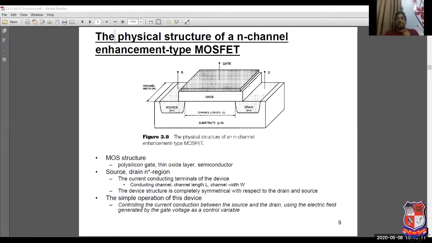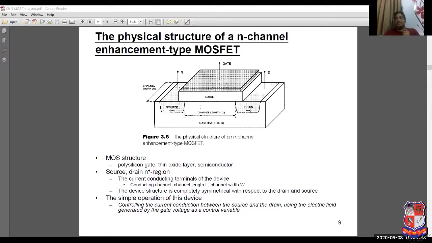There are different voltages which will control the operation of this MOSFET. First of all, we will fix the gate voltage. As we have seen in the MOS structure, if this is a p-type substrate and you apply a negative voltage, then the p-type holes will be there between the source and drain. Now source and drain are n plus type regions, so the majority charge carriers are electrons.